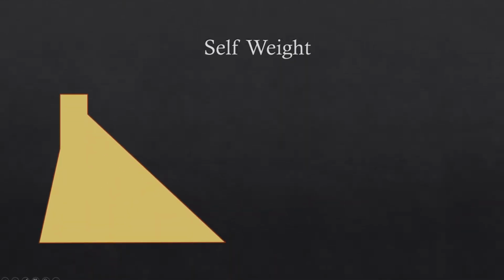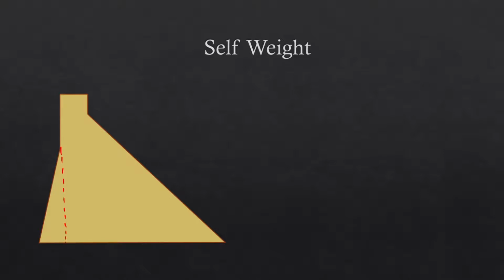Next comes self-weight. Self-weight is actually very simple to calculate, but for calculation purposes, if we have a dam with a shape like this, what we generally do is divide it into even simpler shapes.